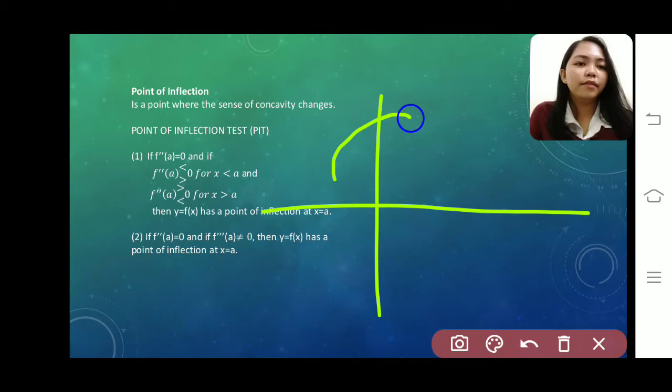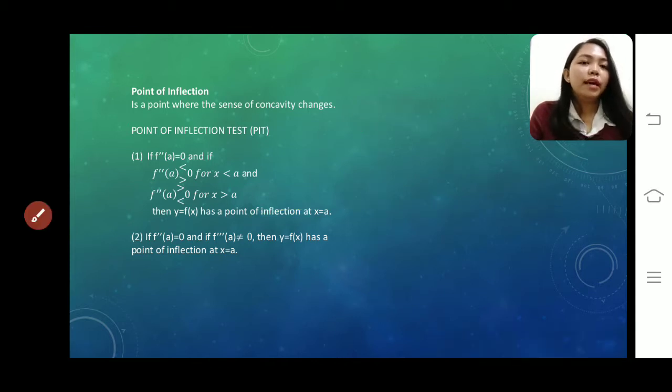So, we have ganitong curve. So, kung saan nag-change ng curvature yung arc natin or yung curve, yun daw yung tinatawag na point of inflection. So, tandaan, iba yung point of inflection sa maximum and minimum values natin.